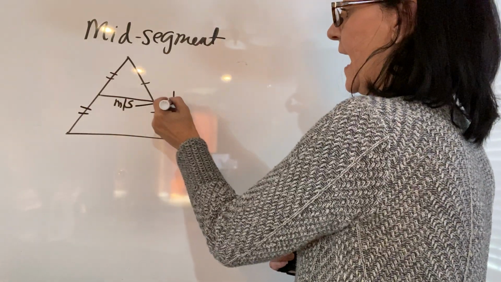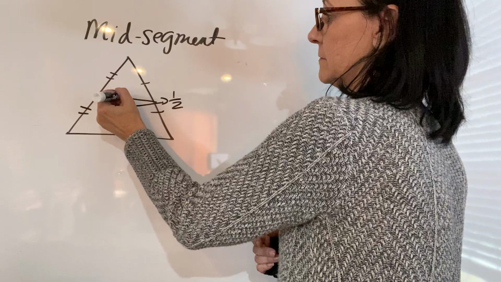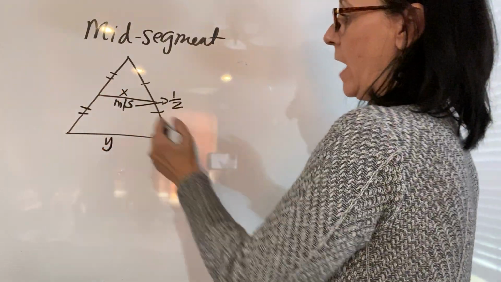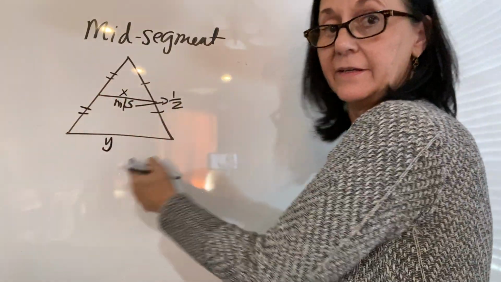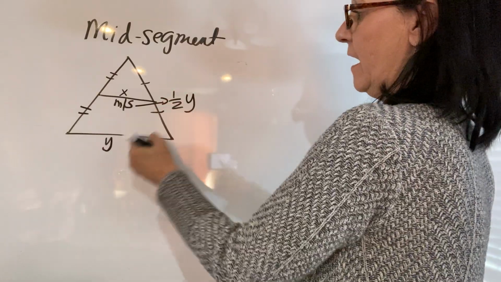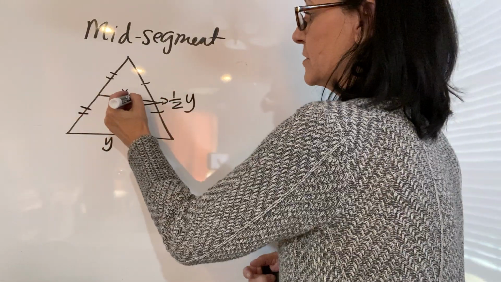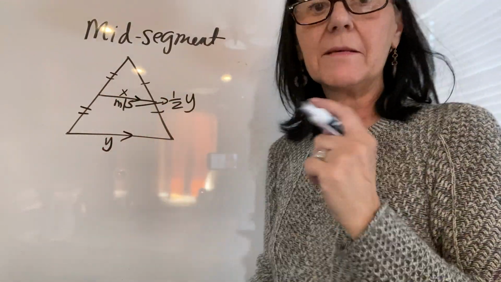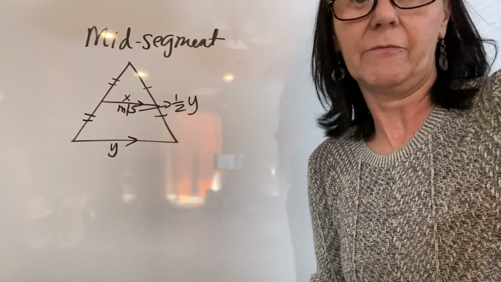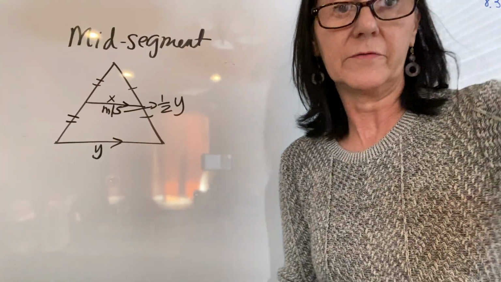I'm just going to label that X, label that Y. It was half the length of that third side, and it was parallel to it. Okay, that's the mid-segment theorem, and we use that in our proofs.